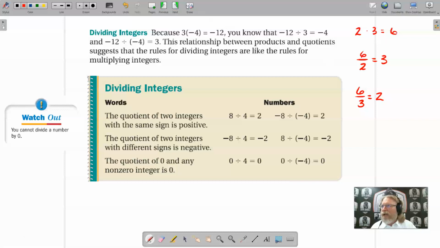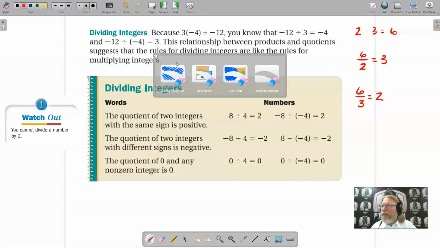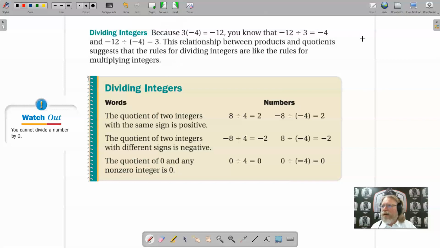So what they're saying in this particular description here is that if 3 times negative 4 equals 12, actually negative 12, then we know that if we take negative 12 and divide it by either one of these, say the 3, we're going to get the other factor, which is negative 4.